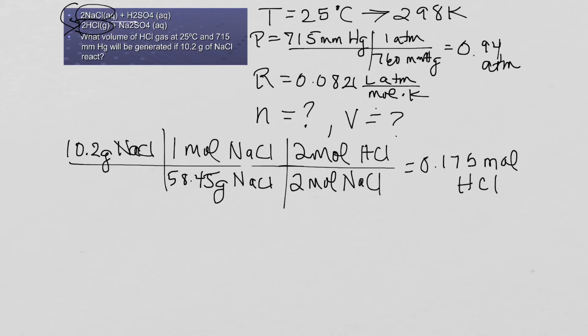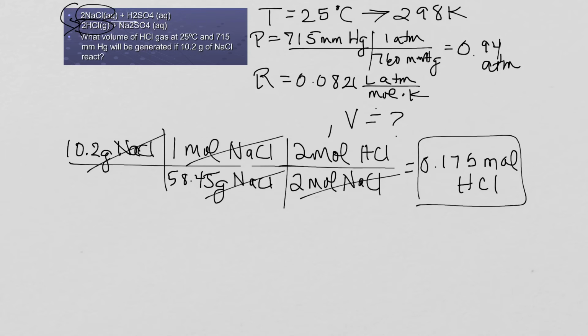Okay, so I plugged everything in, and what you can find is I converted out of grams of NaCl using the molar mass into moles of NaCl. Then I did a mole conversion here using the balanced equation, mole-to-mole ratio. But that allowed me to cancel out moles of NaCl and into moles of HCl, which is what we want. That's right here. What that also allows us to do is plug in our value for n.